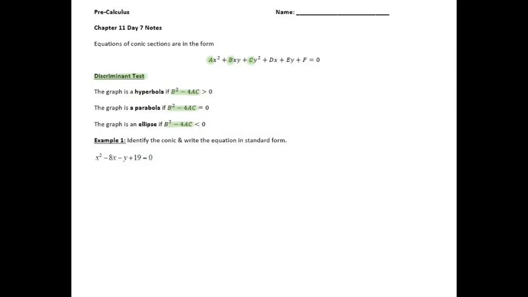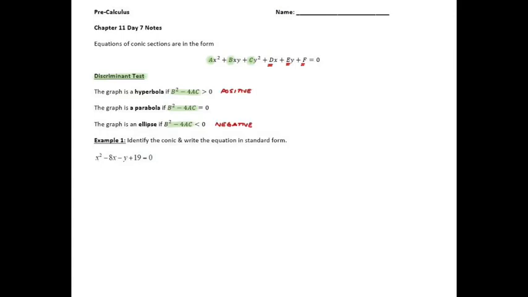So what I want to point out is, although we'll have other variables and other terms, we're only going to use a, b, and c for checking the discriminant. So we'll walk through the first example, and you'll see how that comes into play. Like I said, d, e, and f will be in the equation at times, but they won't be used to compute the discriminant.